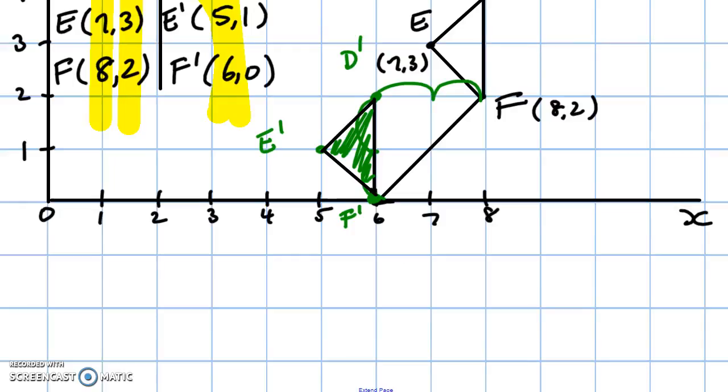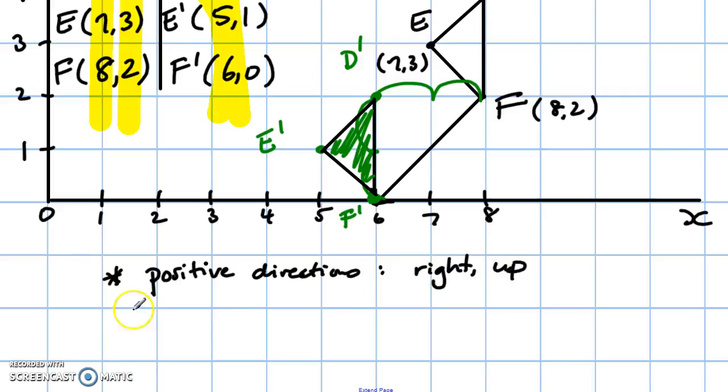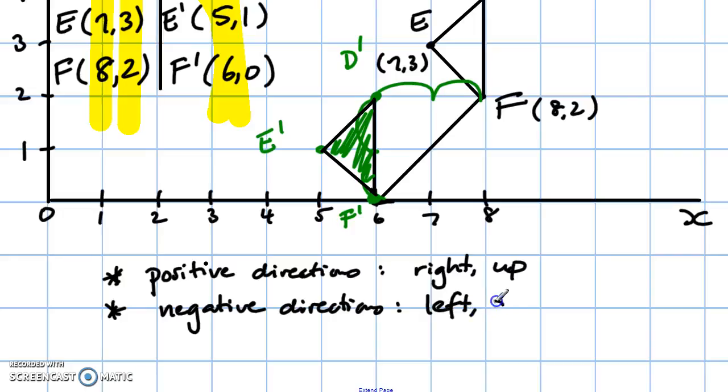At the bottom of your page, I'd like you to jot down a note to remind yourself that positive directions are always going to be right and up, and negative directions are going to be left and down.